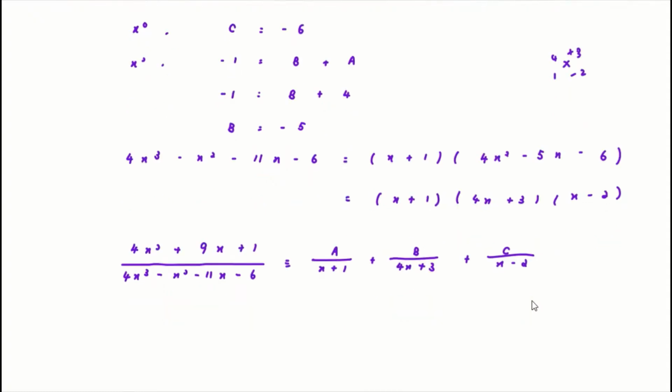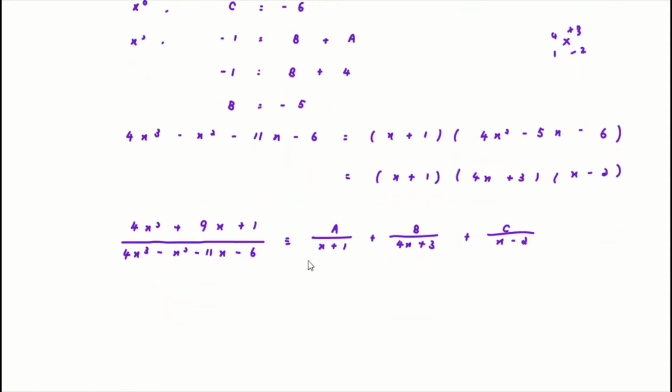Now let's multiply with the denominator. So we have 4x squared plus 9x plus 1 will be equal to a times 4x plus 3, x minus 2.